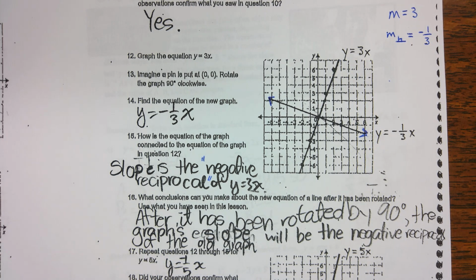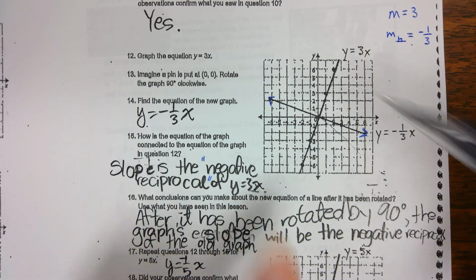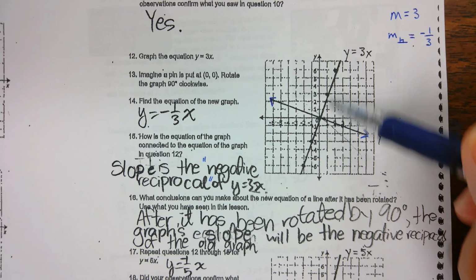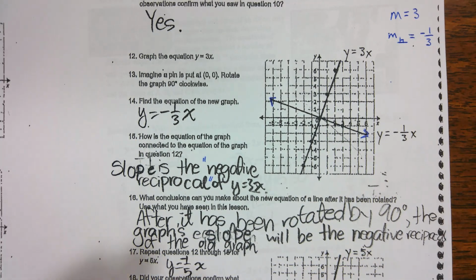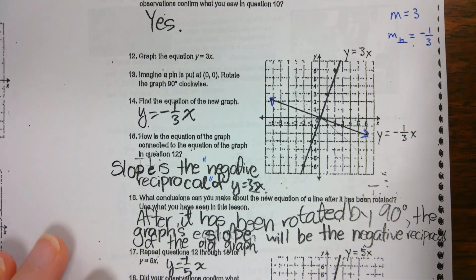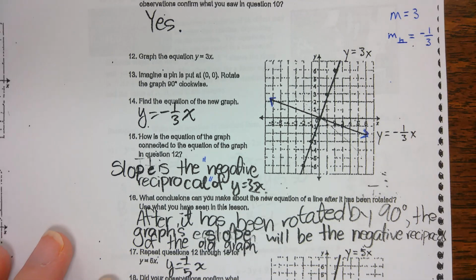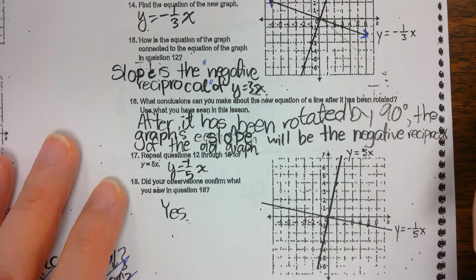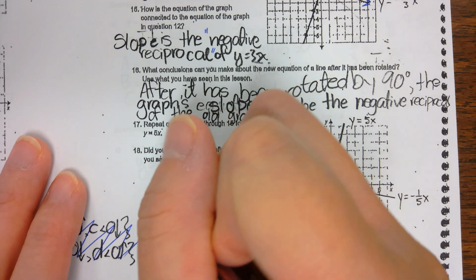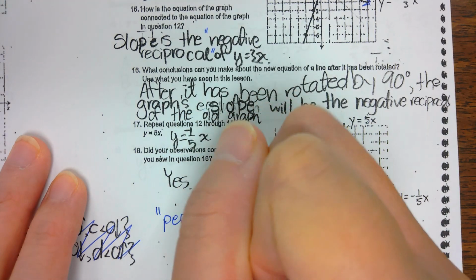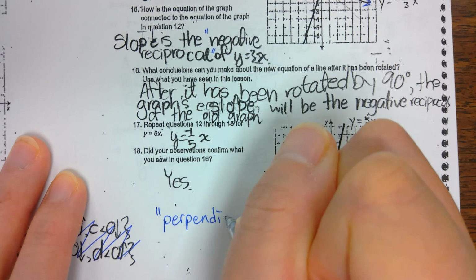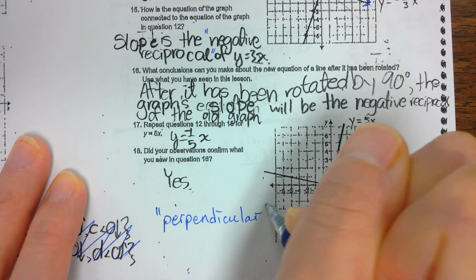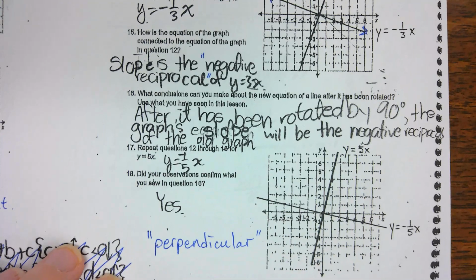What's another word for rotation? Rotating it 90 degrees. If you were to describe these two lines now, they are perpendicular. So here's another keyword: perpendicular.